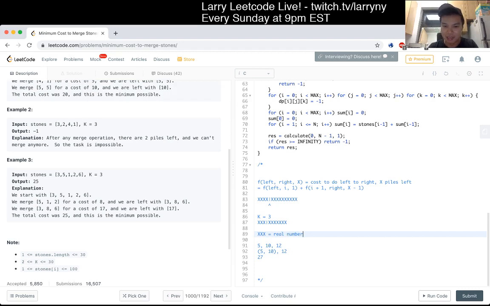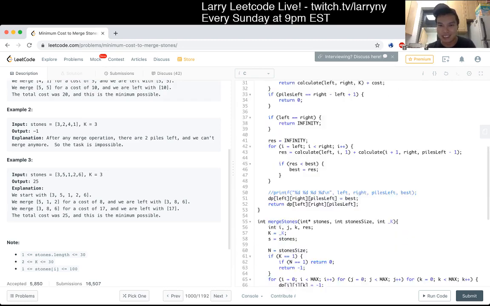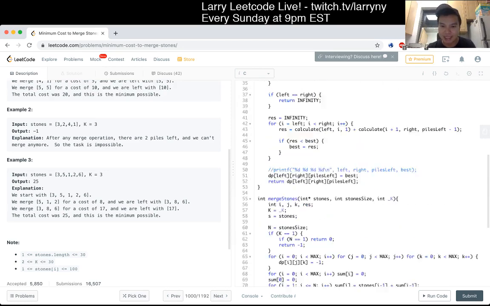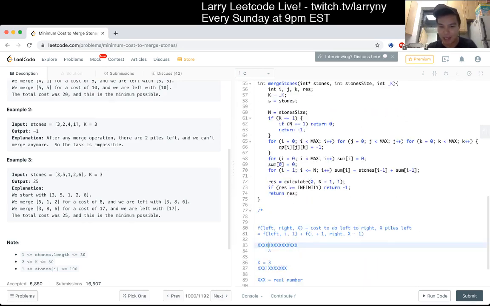So now you have some real number here, plus all this stuff over there. I hope that's clear. And if you have more than 1 pile, so for example, this is 1 pile. You have X equal to 4, or this is 4 buckets. Then you want it in 3 piles instead.